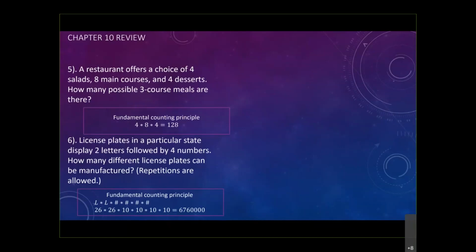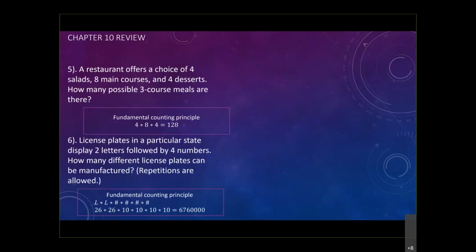Just imagine that instead of license plates, they say that in this restaurant they have 26 salads, 26 main courses, 10 desserts, 10 different drinks, 10 different wines, and 10 different, I don't know what else the restaurant offers, but basically they have those 6 different categories, right?